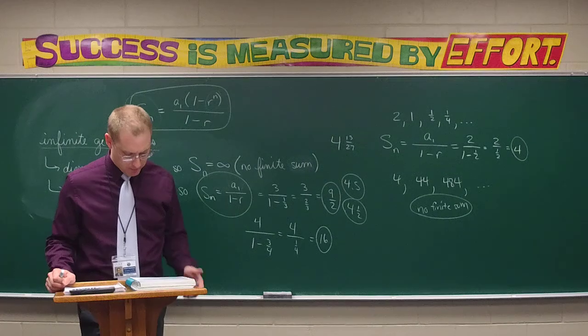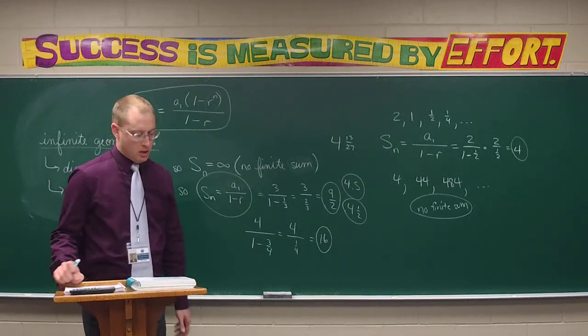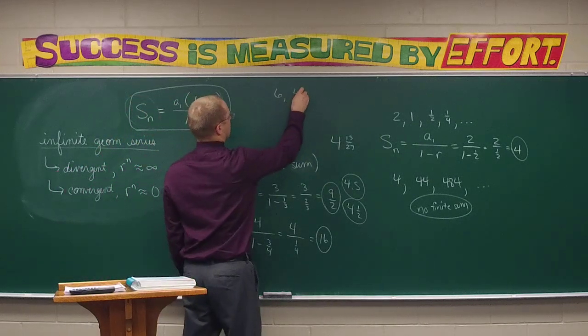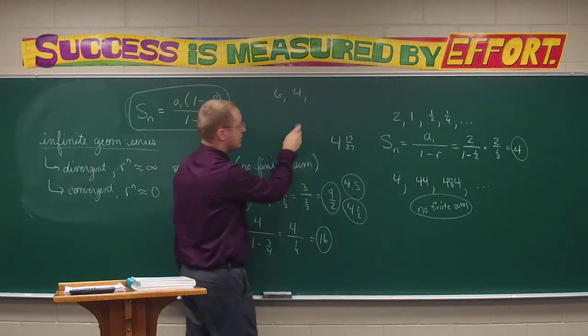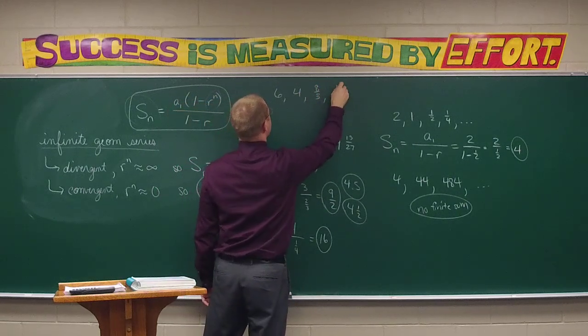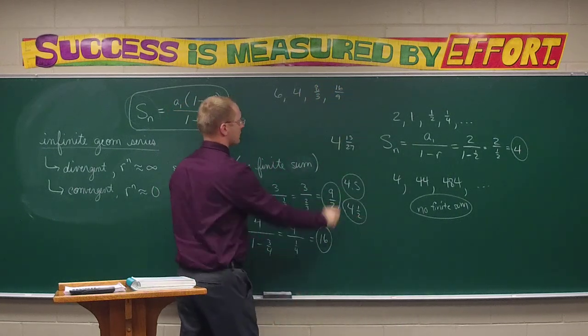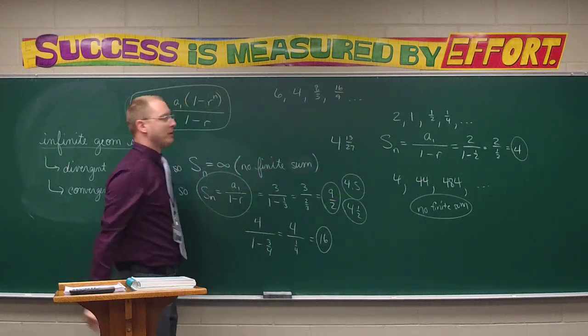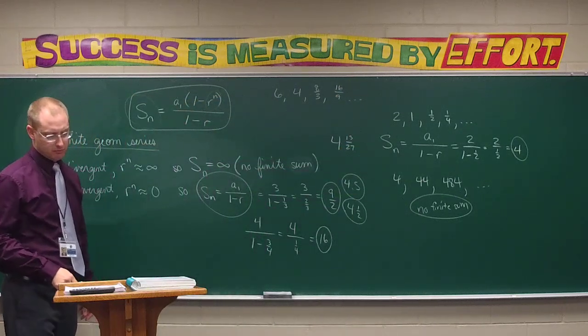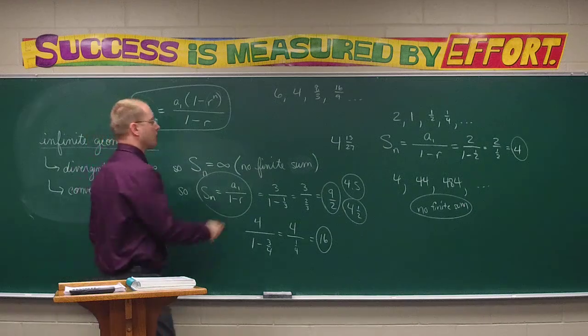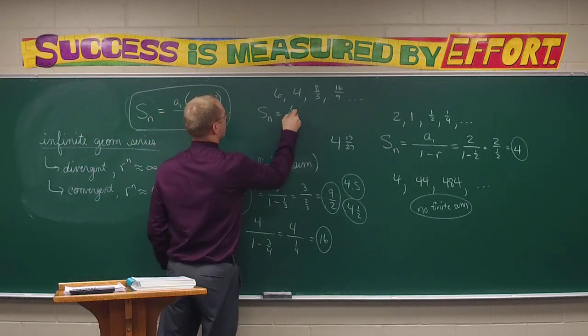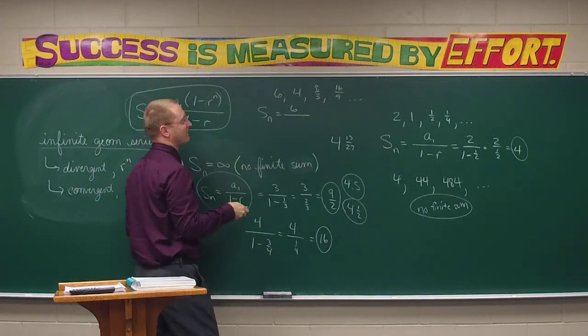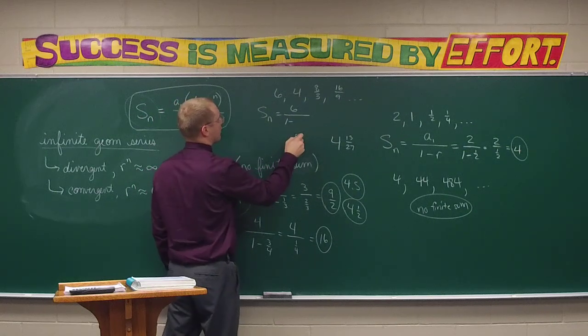Okay. 21. Go from 6 to 4 to 8 thirds to 16 ninths. How am I going to set this up, Brandon? S of n equals 6 over 1 minus 2 thirds.